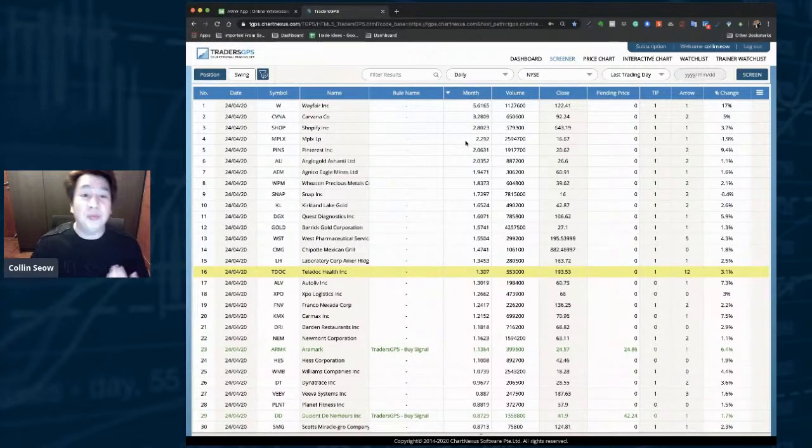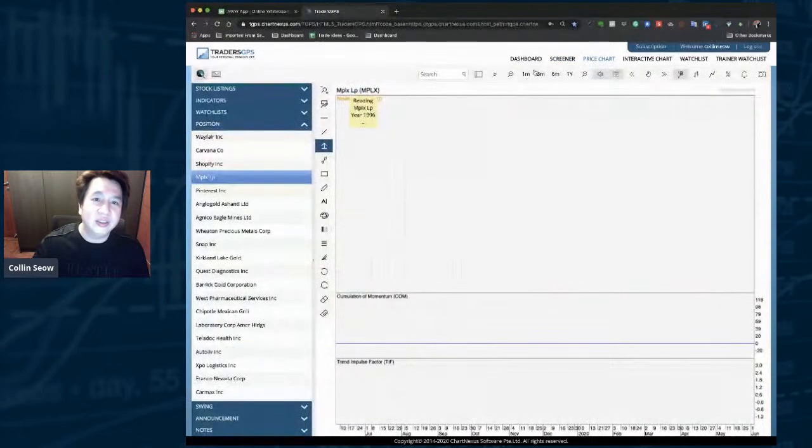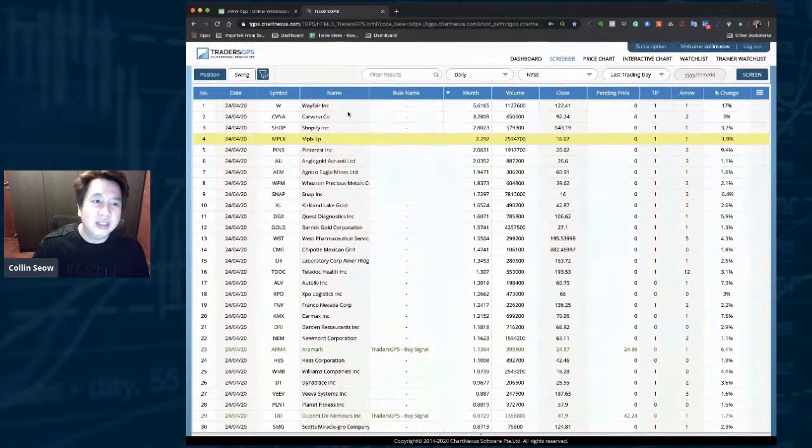Let's say I want to buy stocks here. Right now, at this moment, 1 to 23, strong to the weak, right? From here we can see all these stocks have signals prior to today.